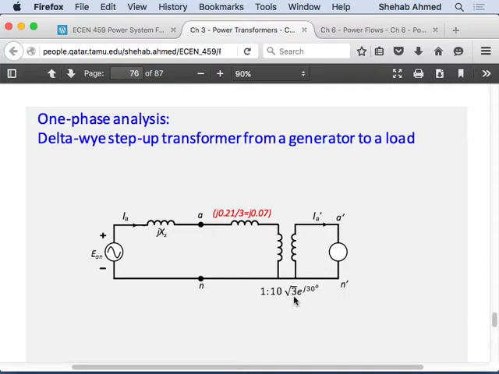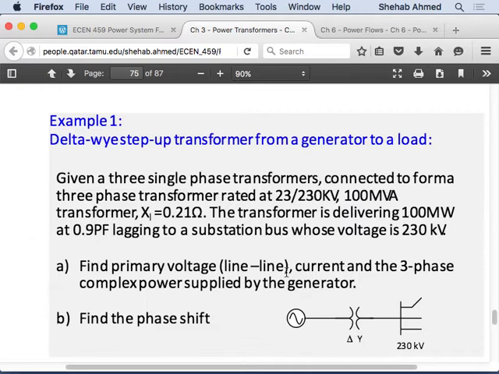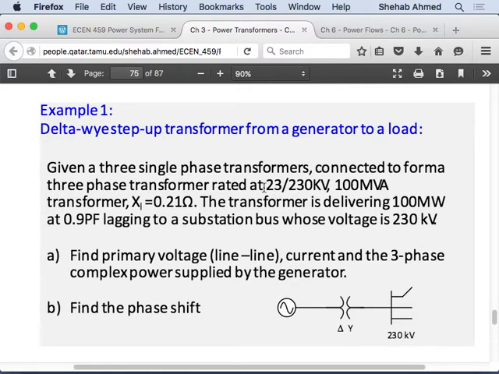Here they have 10 times square root of 3. It's because they are telling you that 23 to 230 is the rating of the single-phase transformer itself, not the rating of the star delta connected transformer. Okay? There is a difference.